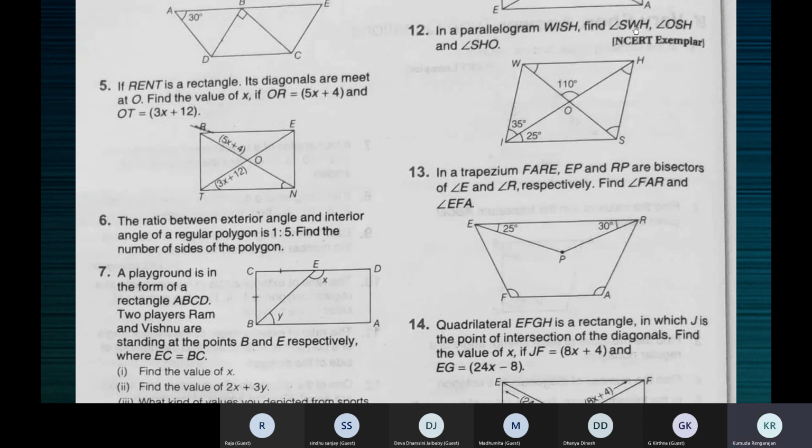Please find SWH. Ma'am, W is 25 degrees, because they are corresponding angles.